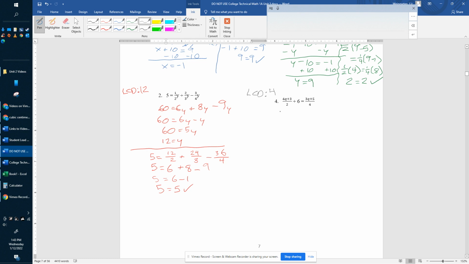Multiply both sides by 4. 4 divided by 2 is 2, so we're going to have 2 times 4q plus 3, plus, don't forget to multiply your constant by 4 as well. So that's going to give us 24 equals 3q plus 5.